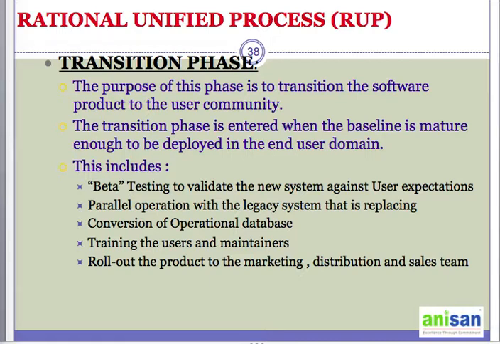Okay. Then comes the rollout of the product to the marketing, distribution, and sales team. This was basically earlier, if you remember, this is for the product. In the earlier days, the products were stored on CDs, and the CD would get packaged and then released across the world.